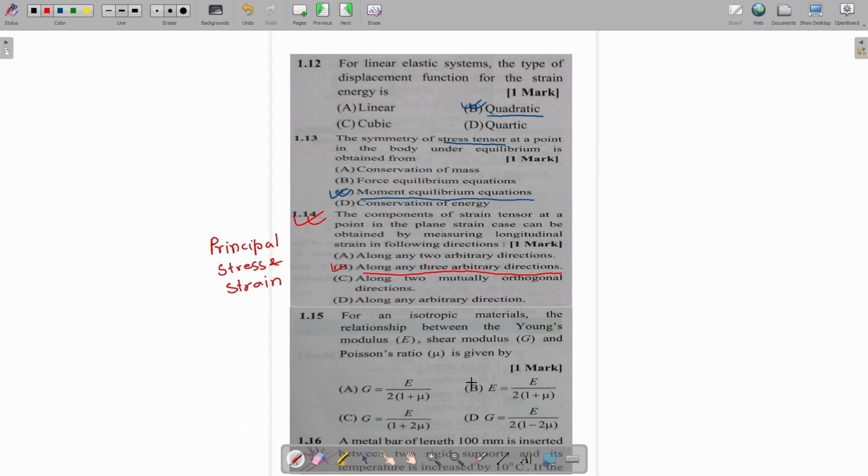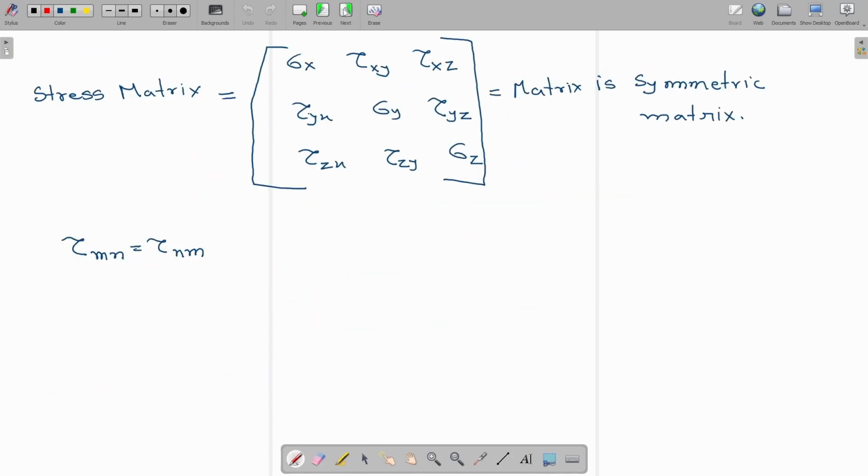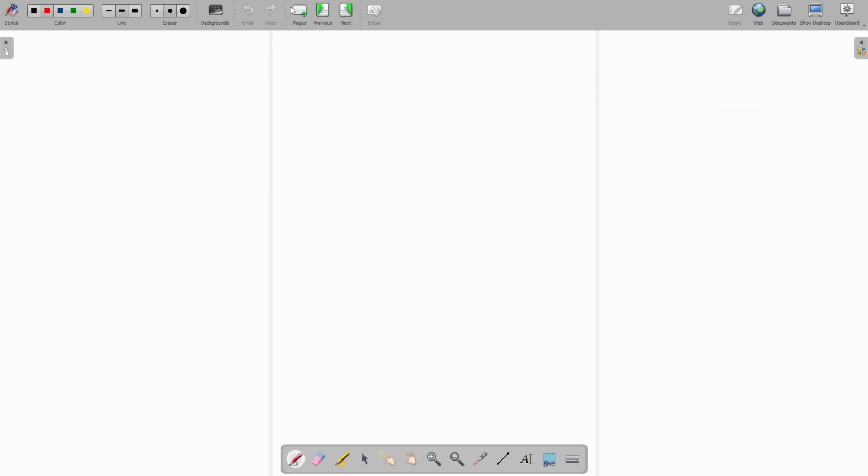Now, in general, I would like you to mug up 4 different formulas. Question number 15 came in the year 2007.